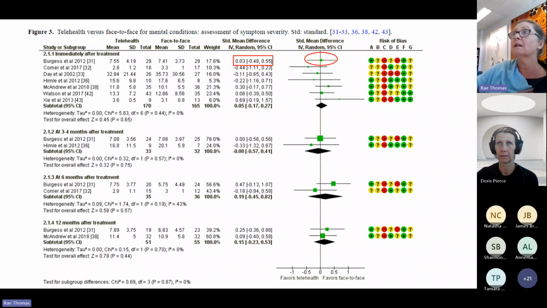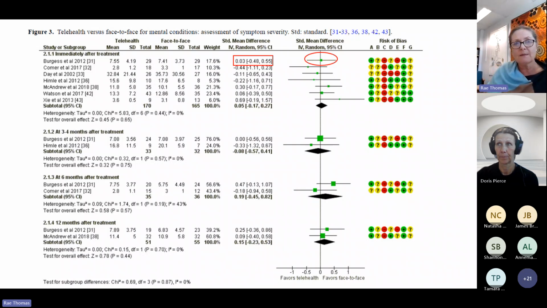Scooch across over here, and that's what those lines mean, right? The green dot is the representation of 0.03, but the horizontal lines coming out of it are represented by those confidence interval numbers. So the end of the left-hand line is minus 0.48, and the end of the right-hand line is 0.55, right? So we're confident that the number lies somewhere between those two things, okay?